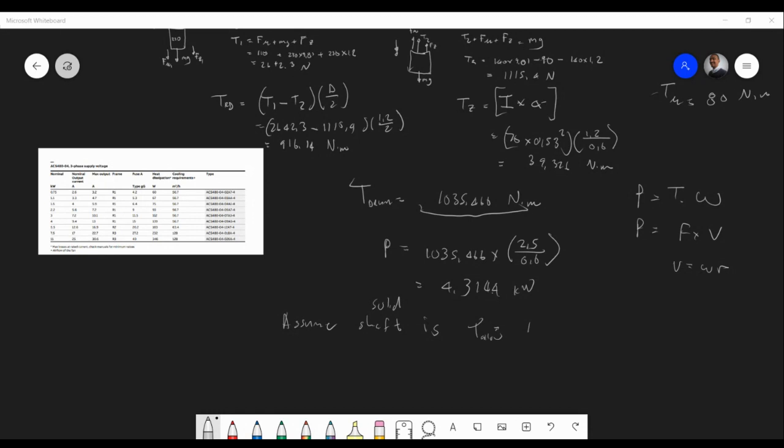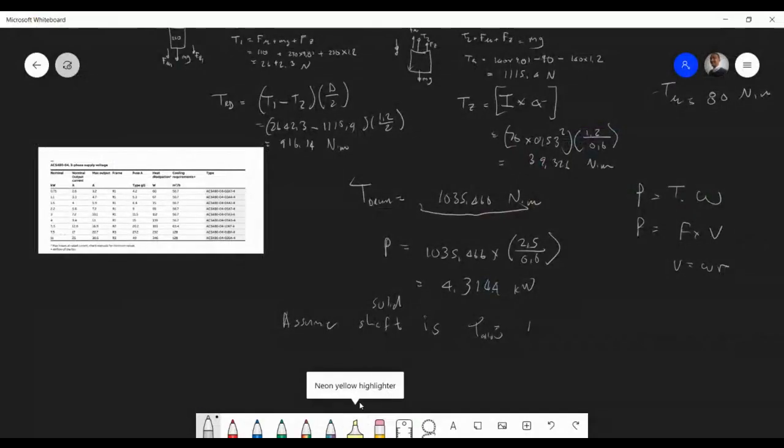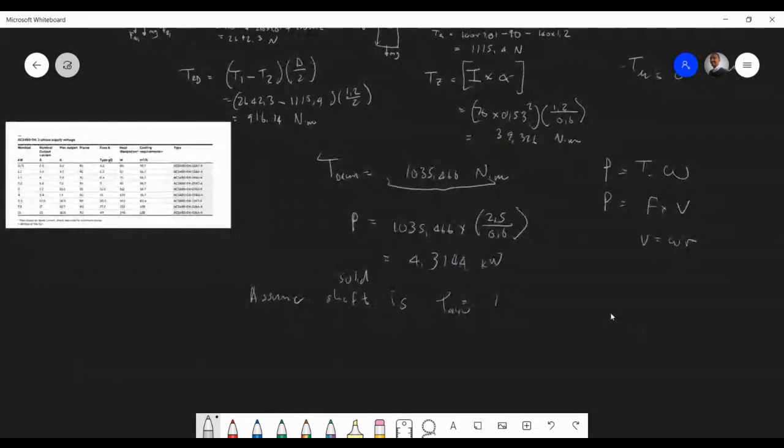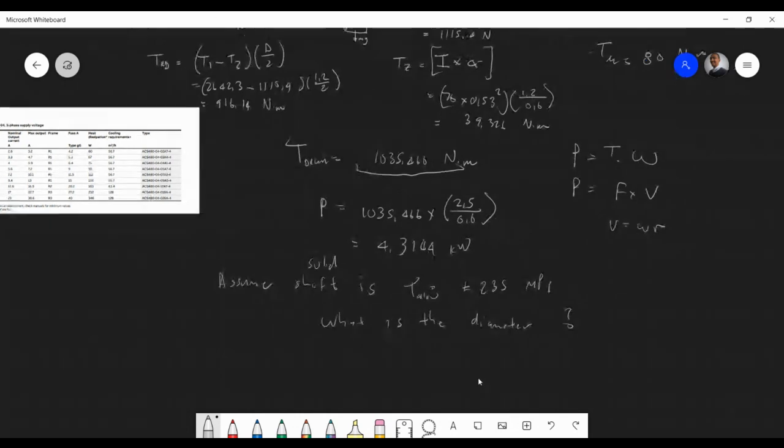Yeah, let's just say 230, 235, you know, just be safe. 235 MPa. What is the diameter? What diameter will you choose?